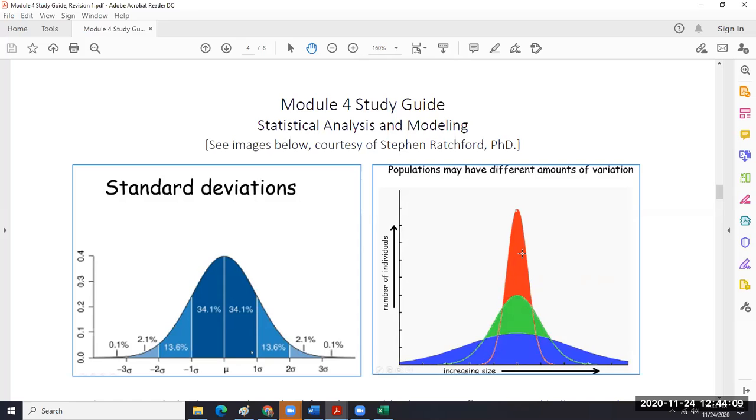Depending on the population or the things that you're studying, you might have a very steep curve with a very narrow and thin base, which they'll sometimes call the tails. The green is here, the red is thinner and taller, and then the blue is flatter with wider, thicker edges.